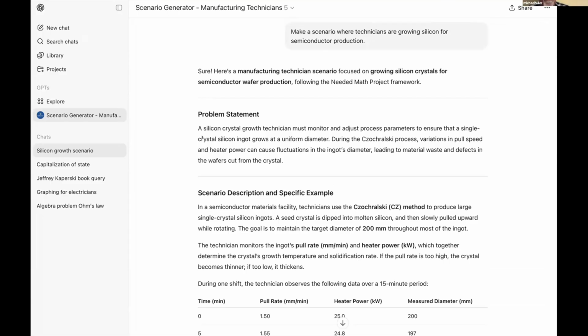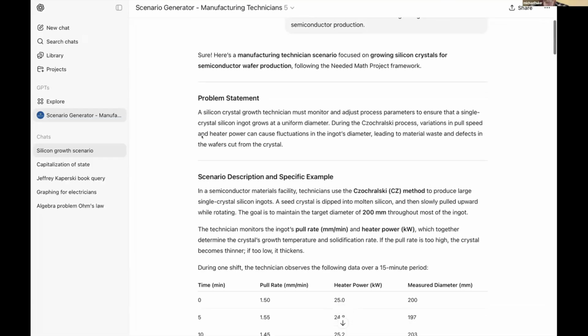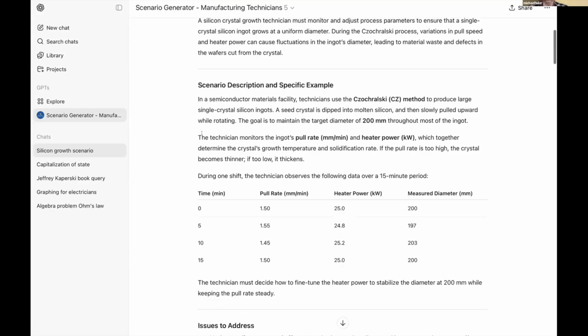Our question up top there is a scenario where technicians are growing silicon for semiconductor production. Essentially, to grow a crystal, you have molten silicon at the bottom. You put a seed crystal in it, you spin it, and then you pull it out, and the crystal grows as you pull it out. So you have the variable temperature of the silicon and how fast you're pulling it out.